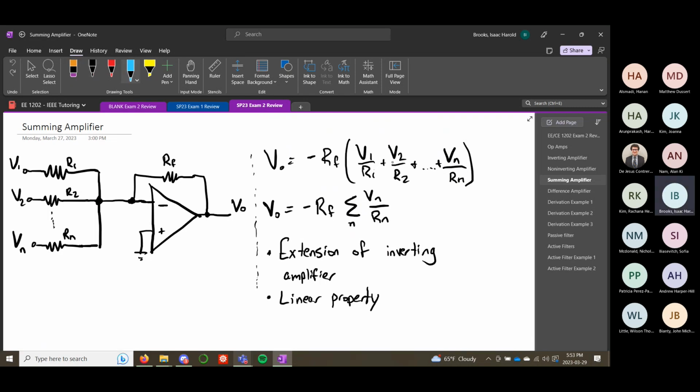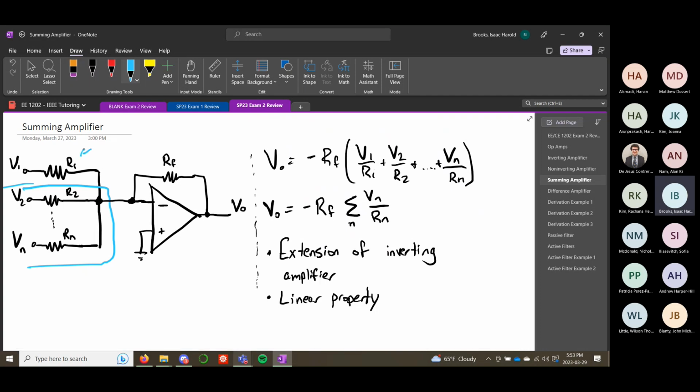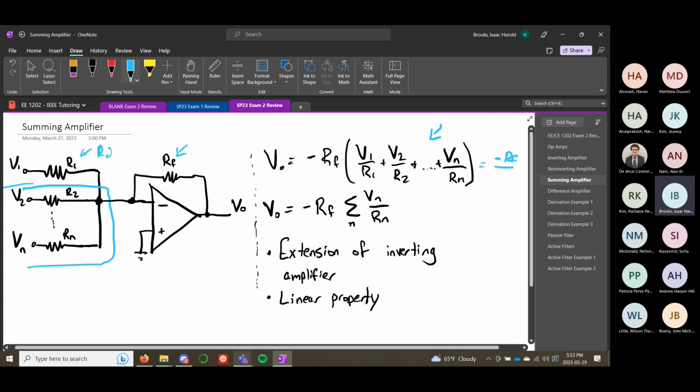If we were to say that V2 to Vn is 0, then this would look just like a normal inverting amplifier, where this is your Rin, this is your Rf, and it has the same behavior. It looks like that in the equation too. If all of the V2 to Vn are 0, then it's just negative Rf over R1 times V1. So this is a nice property too.